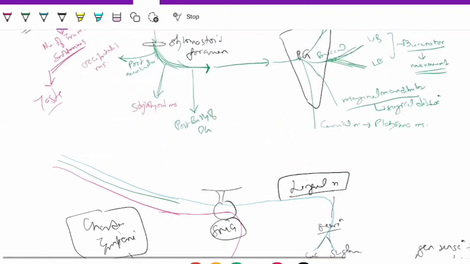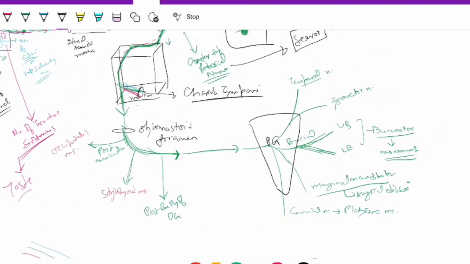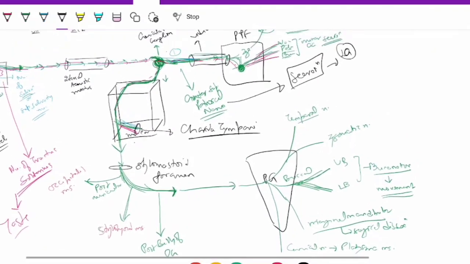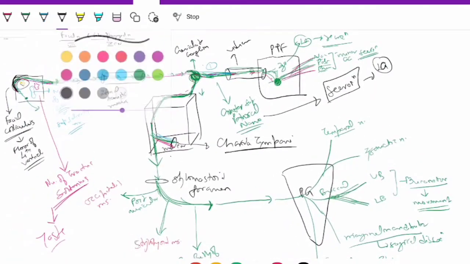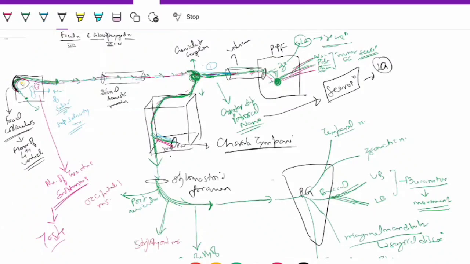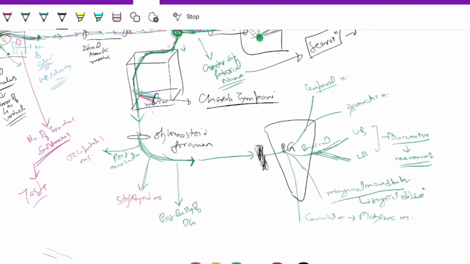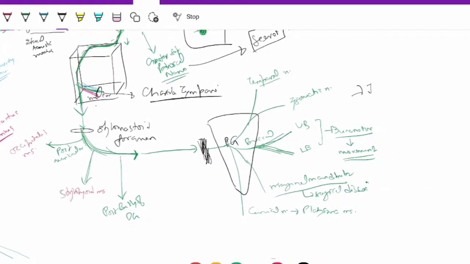Now we'll see one more thing. Just because we are talking about the facial nerve, we'll cover one more thing. Let us say there is a lesion at the level of the hair. What will it affect? It will affect all the facial branches, which will lead to ipsilateral facial nerve palsy.